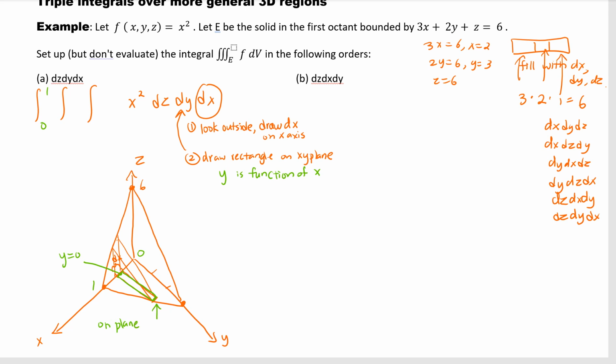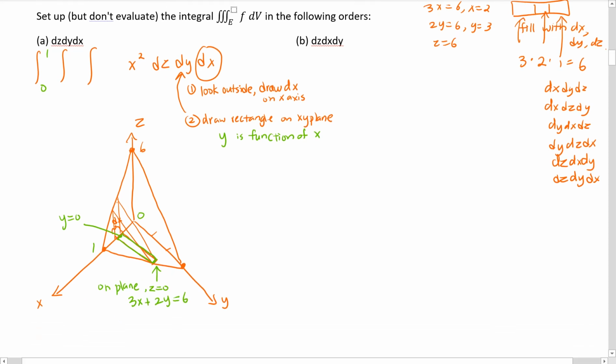Our plane is 3x plus 2y plus z equals 6, and z is 0. That's why we get 3x plus 2y equals 6, and we want to solve for y, to express the y boundaries. So y equals (6 minus 3x) divided by 2, which is 3 minus 3/2 x.